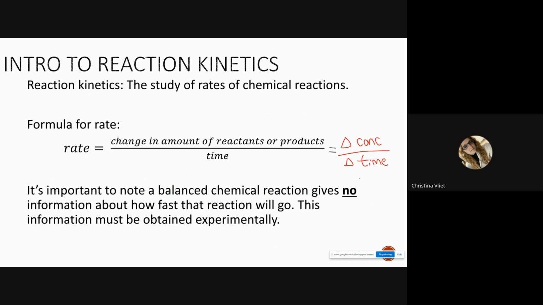The rate of reaction is defined as the change in concentration over the time elapsed. How much time has passed? We're going to talk about units. What are the units of concentration? Mole over dm cubed, or mol dm minus 3.